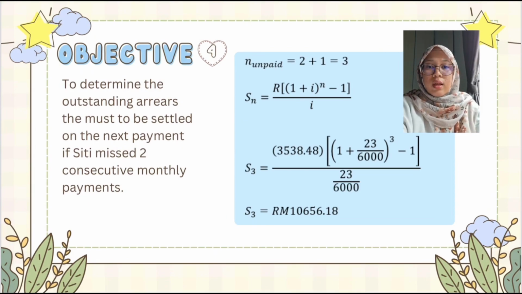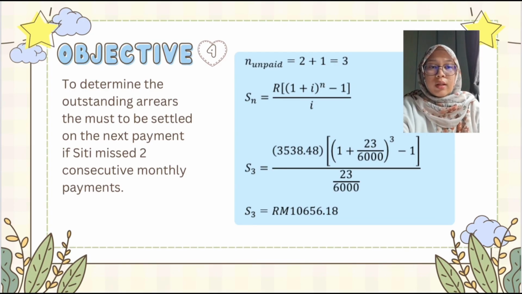For calculation 4, we use N unpaid equals 2 plus 1 equals 3. So we use the formula S_N equals R open bracket 1 plus small capital I close bracket power of N minus 1 close bracket divided by small capital I. So we get S3 equals 3,538 ringgit 48 cents, open bracket 1 plus 23 over 6,000 close bracket power 3 minus 1 close bracket divided by 23 over 6,000.